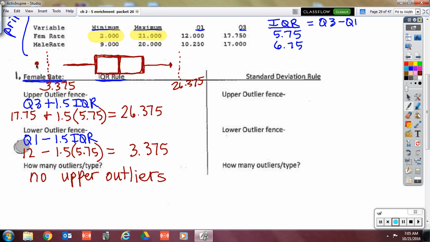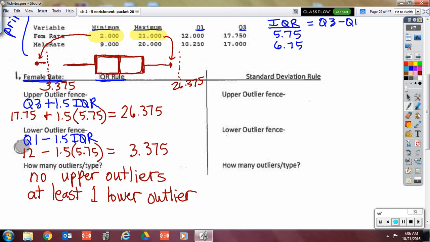So if your minimum is lower than the lower fence, you have a lower outlier. Now there could be more. Since we don't know all the data, there could be more in here. So we say there is at least one lower outlier. That's how we write that. So, no upper outliers because the maximum is not outside, and at least one lower outlier because the minimum is below the lower fence.